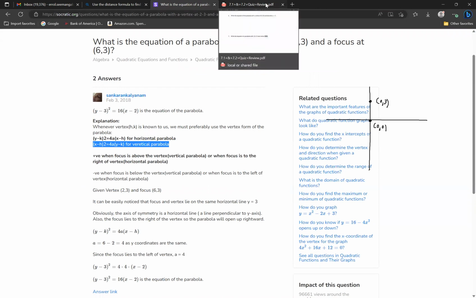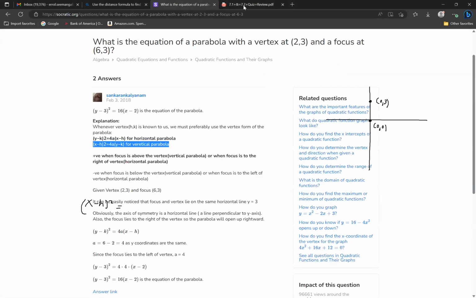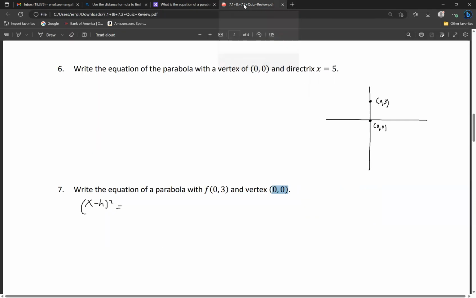X minus h squared equals 4a times y minus k.